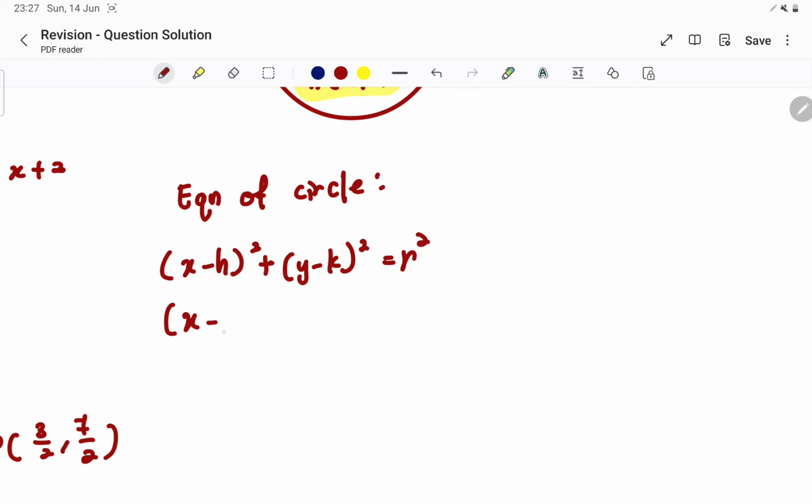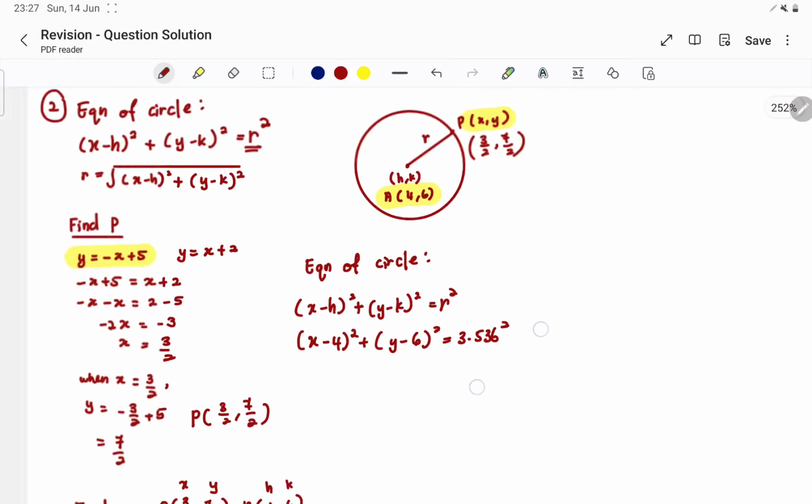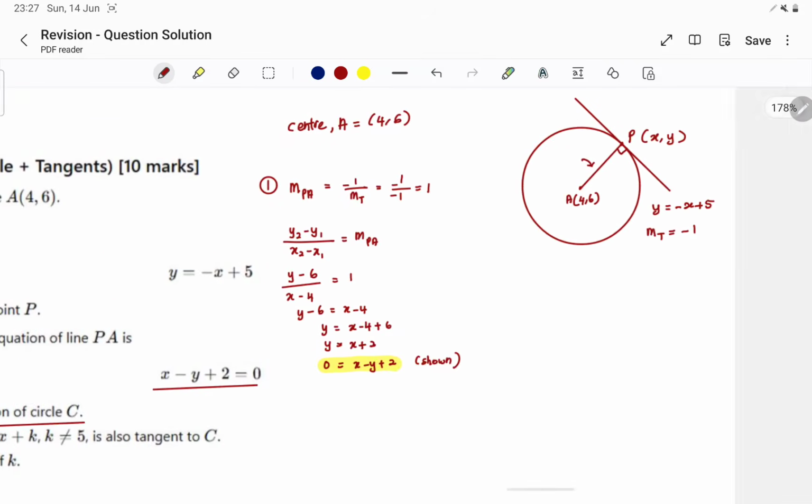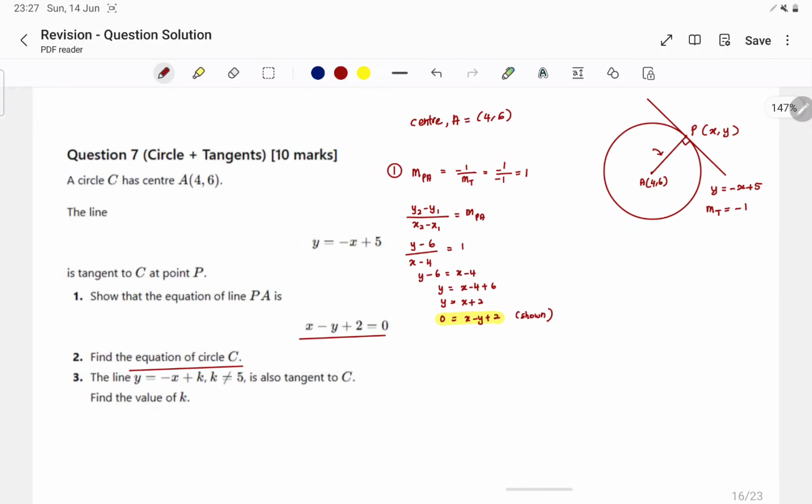Then you get (x minus 4) square plus (y minus 6) square equal to 3.536 square. If you want to find the value of 3.536 square, that also can. So this is for the question equation of circle number 2.